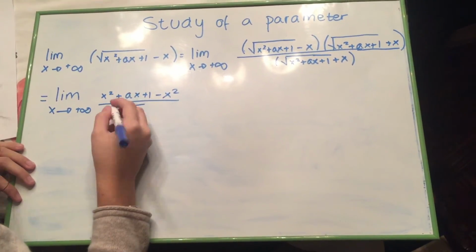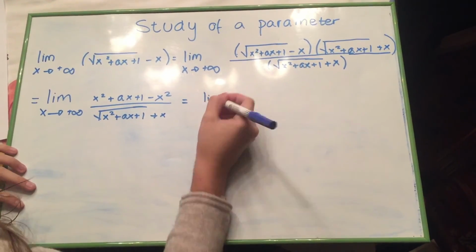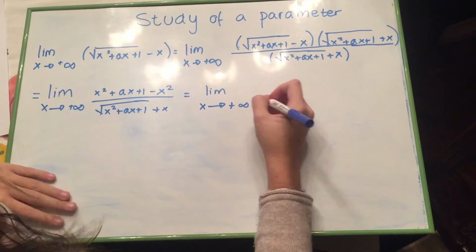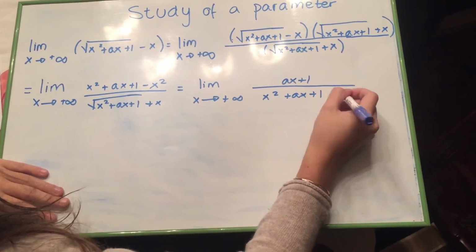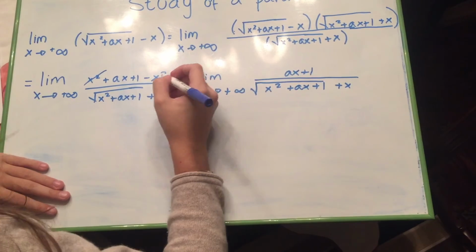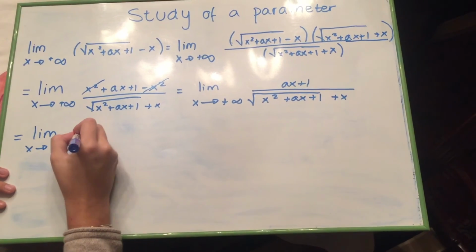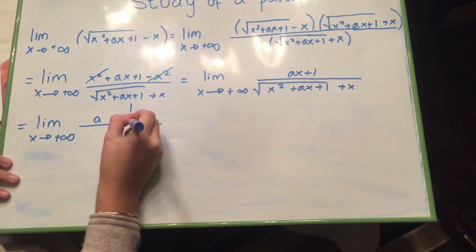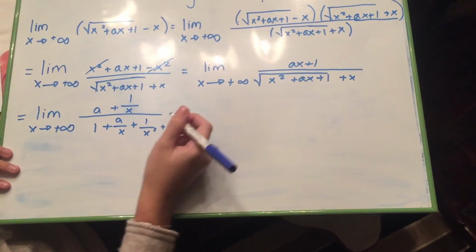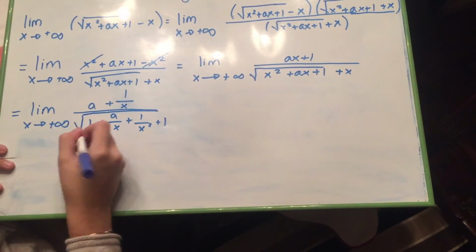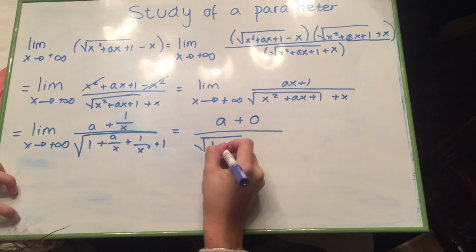Then the next step would be to divide the numerator and the denominator by x. So it equals the limit as x goes to plus infinity of a plus 1 divided by x, divided by root of 1 plus a divided by x plus 1 divided by x squared, plus 1, which equals a plus 0 divided by root of 1 plus 0 plus 0, plus 1, which equals a divided by 1 plus 1, which is a divided by 2.